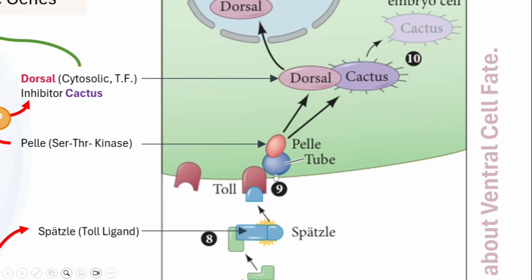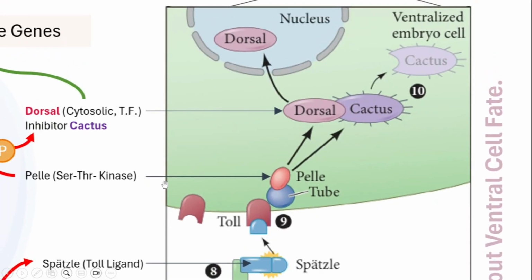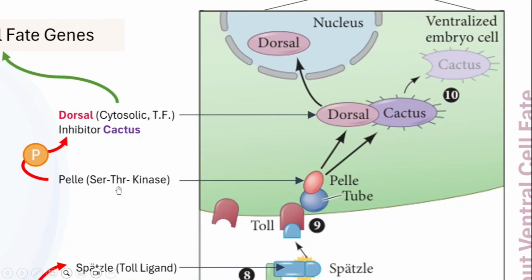Initially the Pelle was inhibited by the tube protein, and when the toll signaling takes place, the Pelle protein will be released free. Now this Pelle itself is a serine threonine kinase, so it will function by phosphorylating another protein complex.